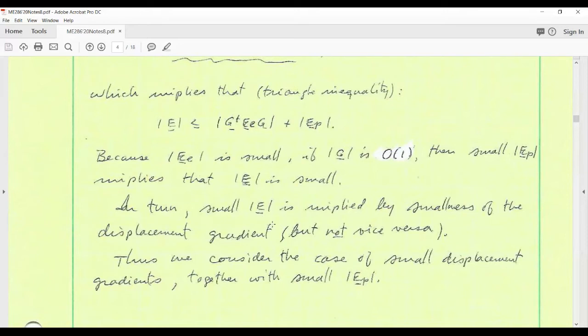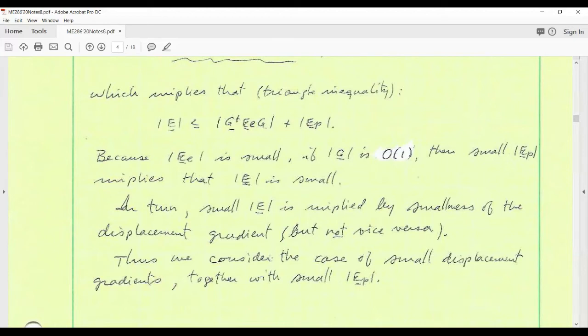So by the way, the regime of small displacement gradient is essentially the case studied in linear elasticity theory. So what we're aiming at here is a theory of elastic plastic response that's comparable to the classical linear theory of elasticity in the sense that the displacement gradients are everywhere small.